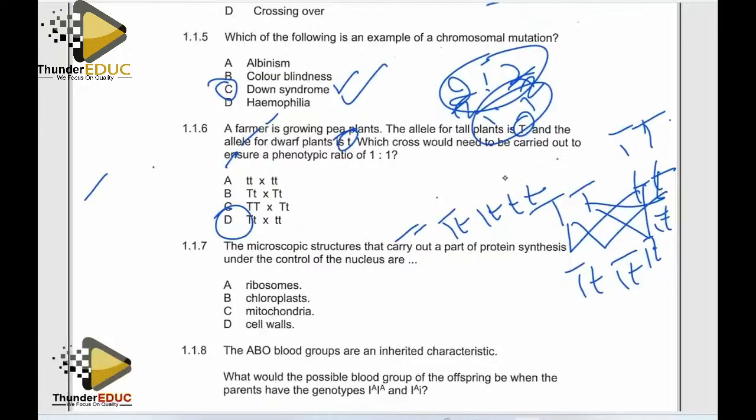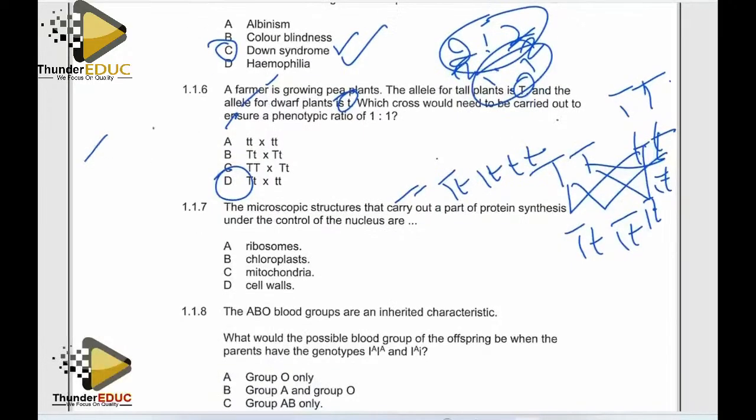Yes. Then question 1.7: the microscopic structure that carries out part of protein synthesis under the control of the nucleus. They're saying microscopic structure, and they're saying that carries out part.